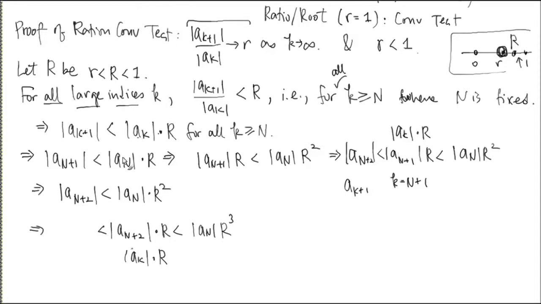According to that recursive relation, it's always true. One higher index, right? Without r. So here's the a_(n+3). Does that make sense? So putting all together, we have the conclusion that a_(n+3) is still less than a_n times r cubed. That's what we have. What do you say? Make sense?